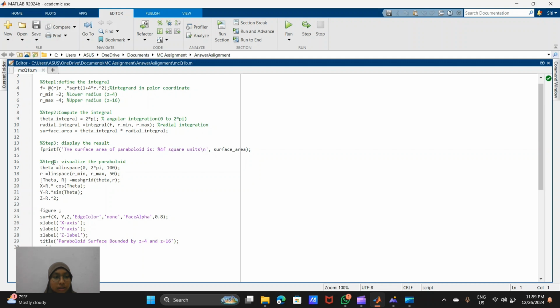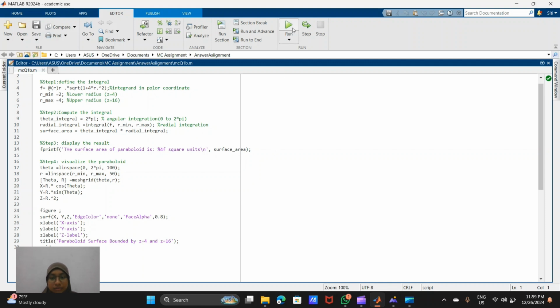Then step 4 is we need to visualize the paraboloid to make clear where the surface area is. So here is the coding for the linspace 0 until, and that's all. And the last is figure. The figure is to make clear how the surface area of the paraboloid looks. So here are the codings. We have x label, y label, z label, and the title is paraboloid surface from z equal to 4 until z equal to 16.